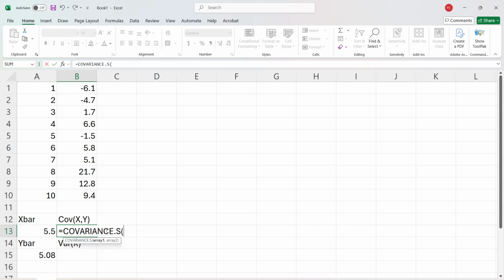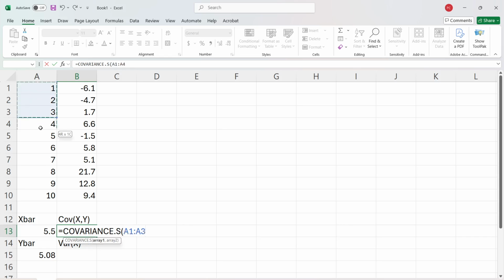But if I use covariance.p and variance.p, which divide by n instead of n minus 1, I'll still get the correct OLS slope. I'll just get different covariance and variance numbers for having used the other formula. So I'll show you that here in a second.